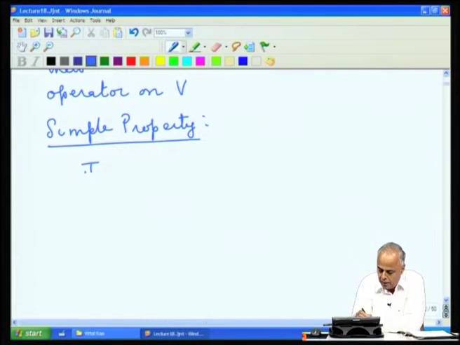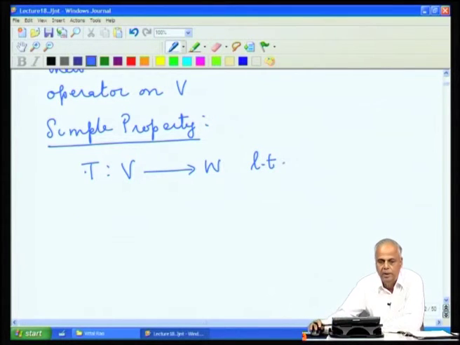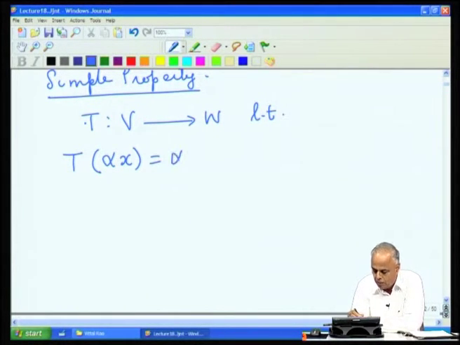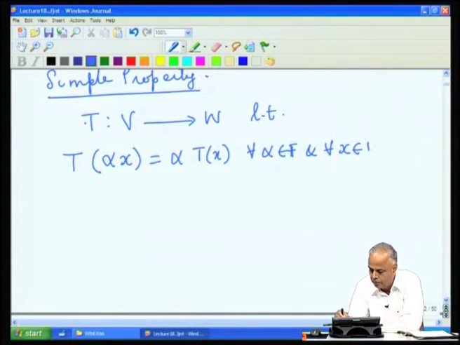So, we have a vector space V and a vector space W over a field F, and we have a linear transformation T from V to W. Because it is a linear transformation, T of alpha x is equal to alpha T of x for every alpha in F and for every x in V. This is because a linear transformation preserves scalar multiplication.